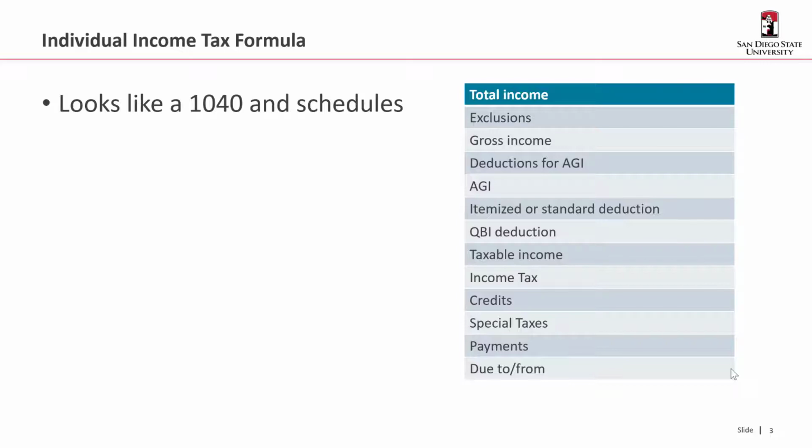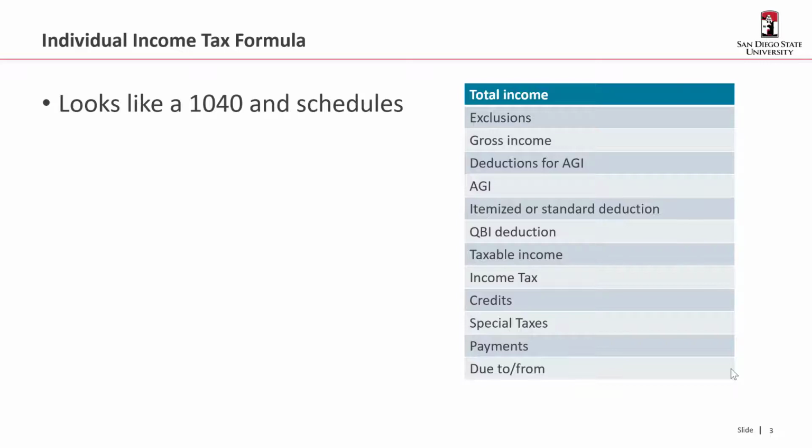There's a few special taxes that are incurred and are reported as part of the income tax process. So for example, self-employment taxes. How about, let's see, what's another? The net investment income tax. These are taxes that aren't part of the base income tax, but are reported on an individual tax return.